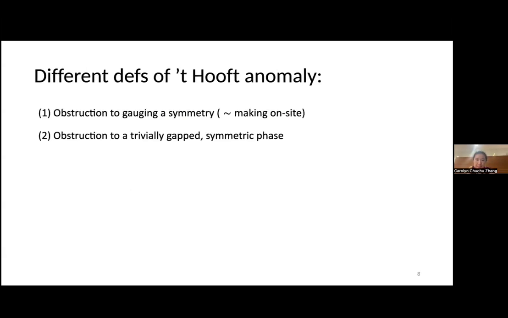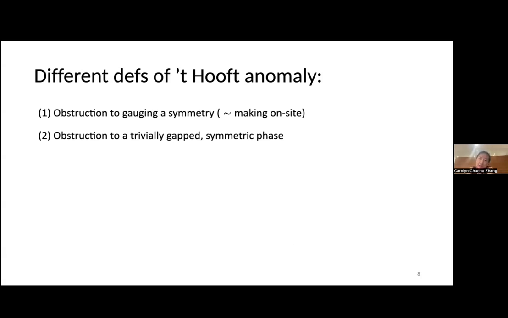Okay, so there are, however, even though 't Hooft anomalies have been studied for many years now, probably like 45 years-ish, and they have been used to constrain physics in many non-trivial ways, the precise definition of a 't Hooft anomaly has still been debated.